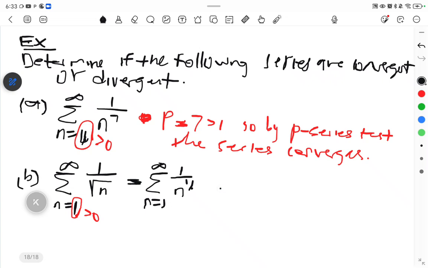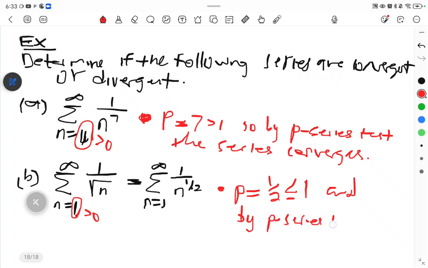Now we realize here that p is equal to 1 over 2, which is less than or equal to 1. And by P series test the series diverges.